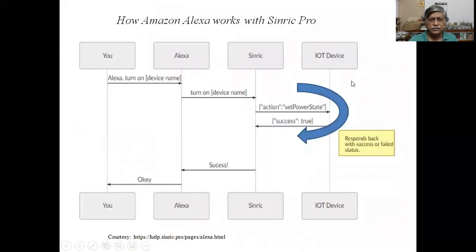Once that happens, now I will tell you how the software I was describing gives you an opportunity to switch on or switch off a device under your voice command. Here you say, Alexa, turn on the device.